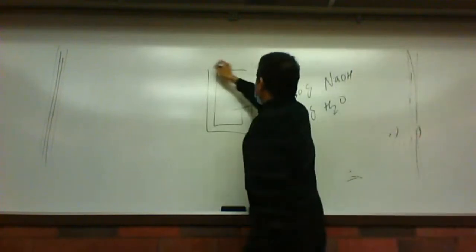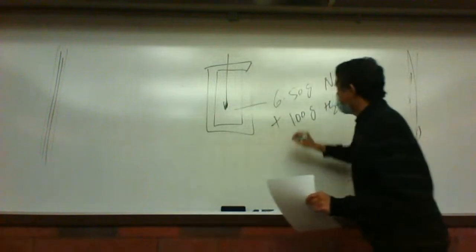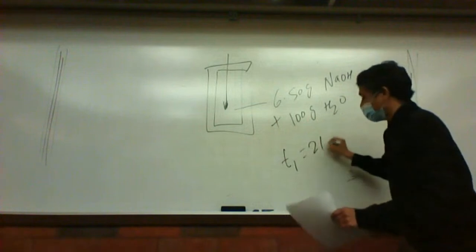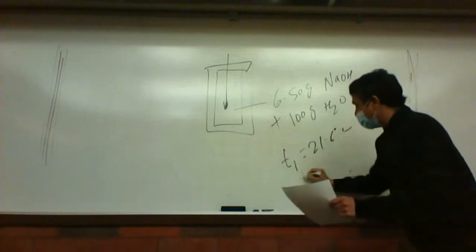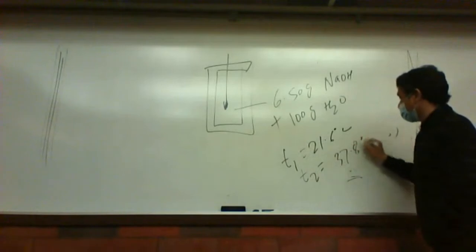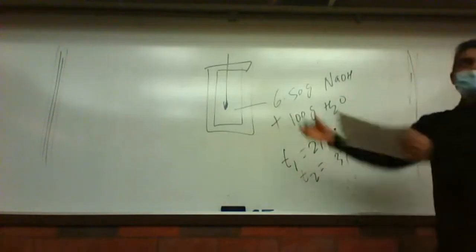And he was covering this one and doing the reaction. At the beginning, before mixing, the temperature was 21.6 degrees centigrade. After mixing and stirring, T2 became 37.8 degrees centigrade. So what is the heat produced there, right?